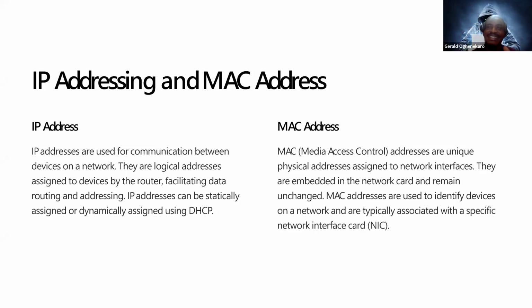The MAC address is the media access control address, unique to the devices as the clients. Now, the difference between an IP address and a MAC address is that an IP address has a lease time, except where it's been configured as a static IP address on the network; most times it changes.